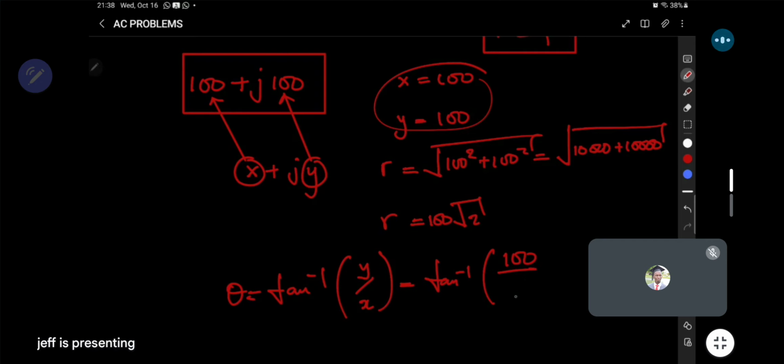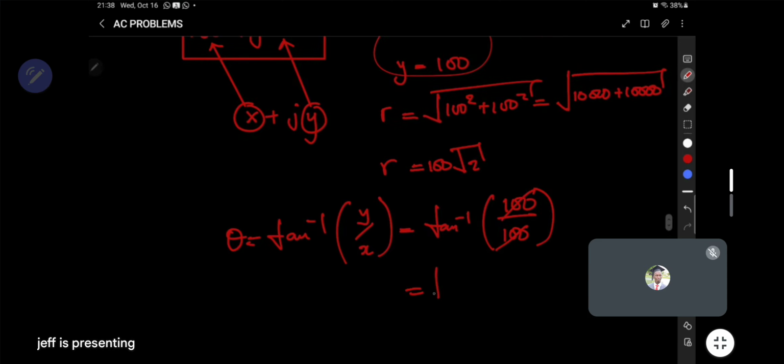Well, x is also 100. 100 and 100, that's 1. So you have tan inverse of 1. Well, tan gives us 1 at 45 degrees. So I can go with this one. It can also give us a 1 at other angles, but we can stick with this one.